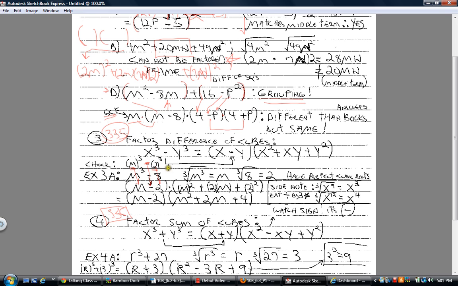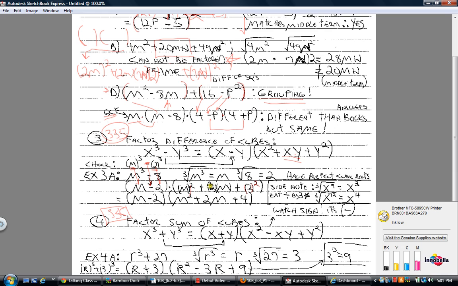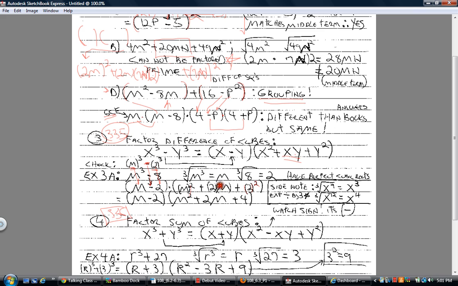Then follow the pattern. Take the first cube root, square it. Take the second cube root, put it at the end, and square it. And then the middle term is multiplying the two cube roots, the first cube root times the second cube root.